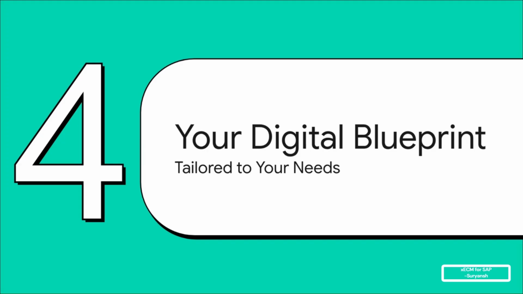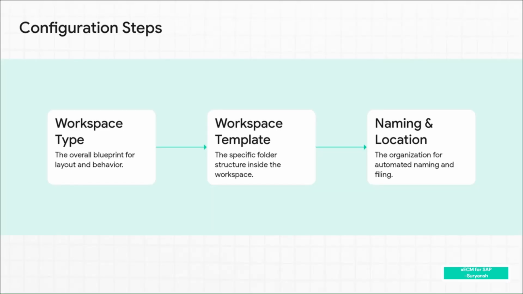Now, this isn't some rigid, one-size-fits-all system. Not at all. The real power here comes from being able to design a unique digital blueprint for each of your business processes. You get to make sure the structure and the information are perfectly tailored to what you actually need. The whole configuration really boils down to a pretty logical three-step process.